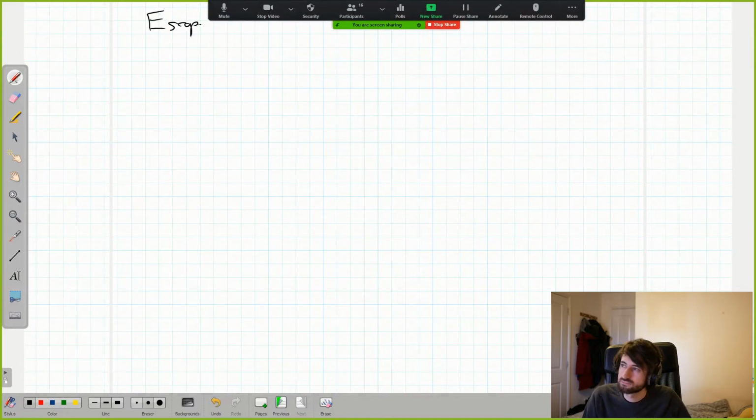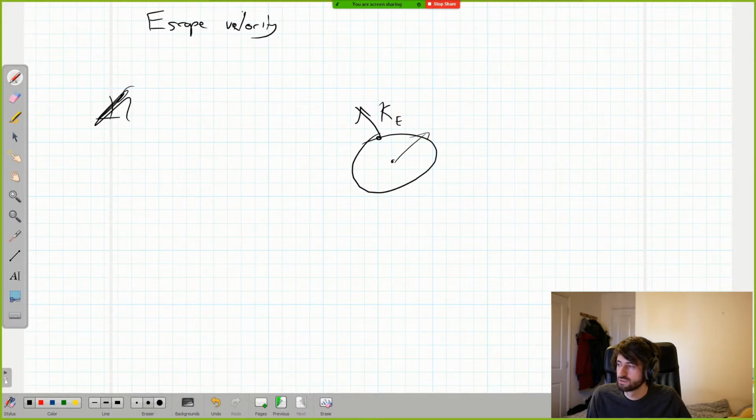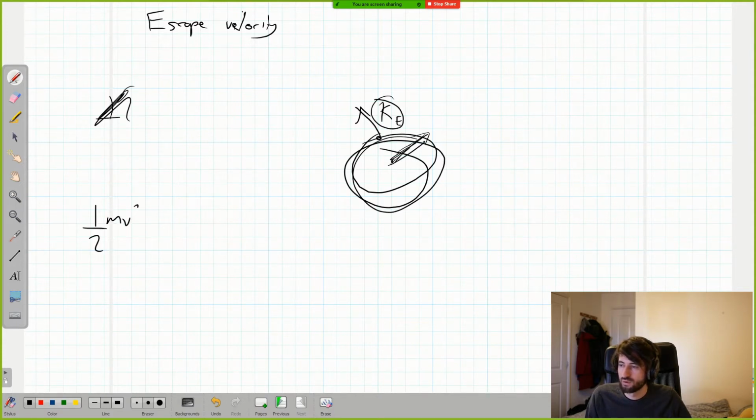Say the escape velocity means that you have enough kinetic energy to escape the potential of this gravity. So if you have more kinetic energy than this gravitational well has potential, then you'll escape. So you'll need half mv squared to be equal to, I remember the work is the integral of force times distance.